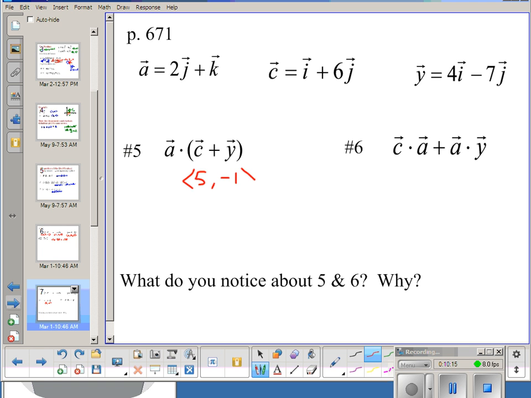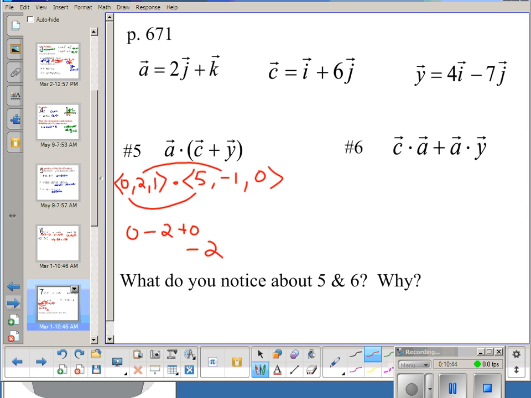And then I'm going to have a 0k. I need my k because a vector has a k component. So I'm going to dot my 0, 2, 1 with my 5, negative 1, 0. And as I do that, I take 0 times 5, which is 0, and 2 times negative 1, which is negative 2, and 1 times 0, and I get an answer of negative 2.